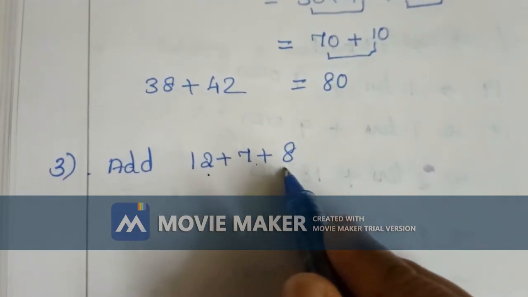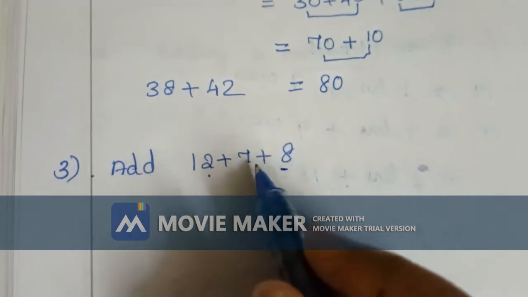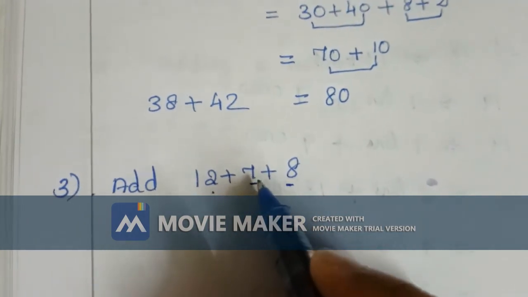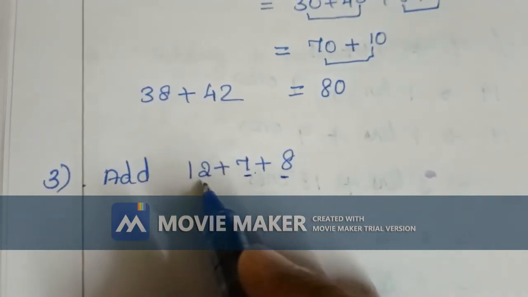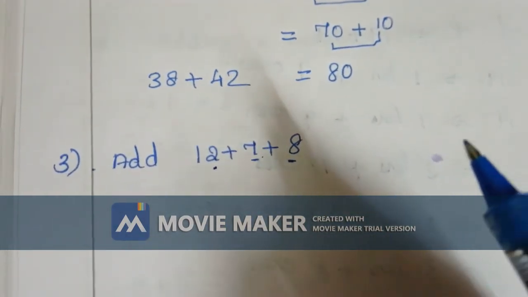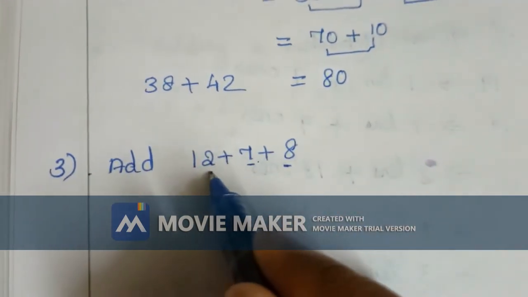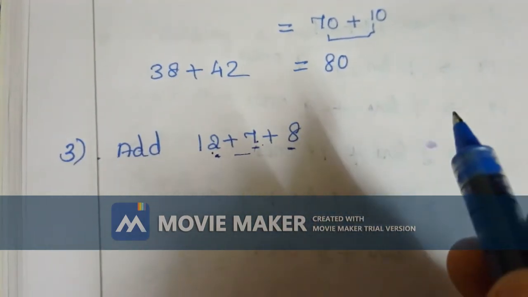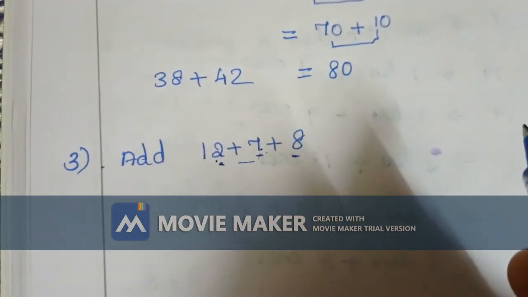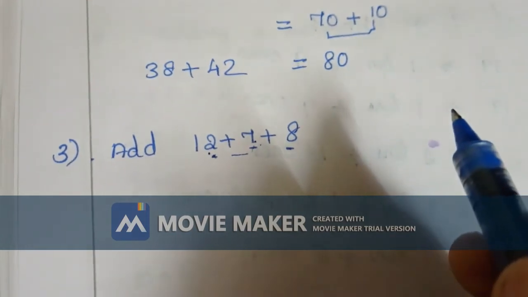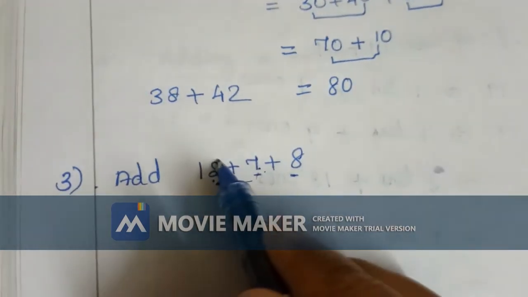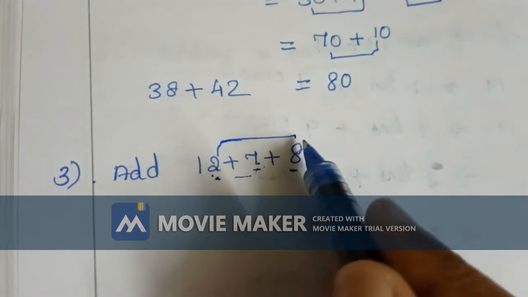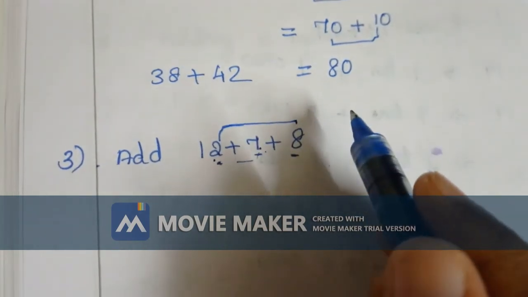For this number, the ones place value is 8, and this number, the ones place value is 7, and this number, the ones place value is 2. First you have to add these two numbers, 7 plus 2, which gives us 9. This is not a pair of 10. So again you have to check 2 plus 8. Yes, it gives us 10.